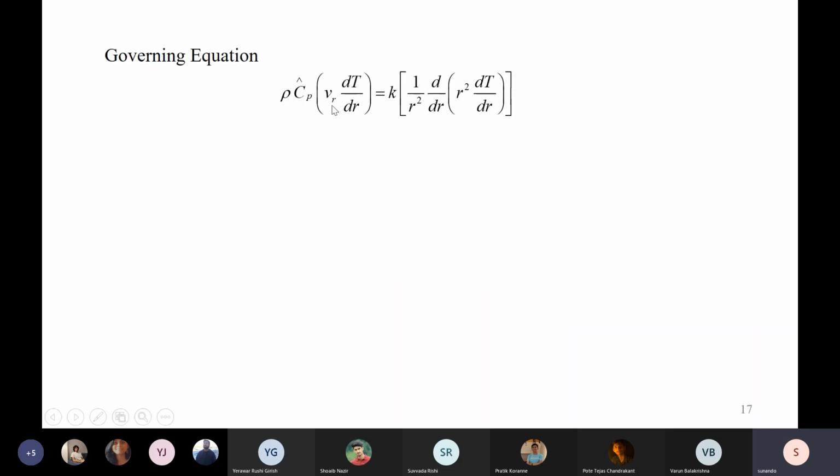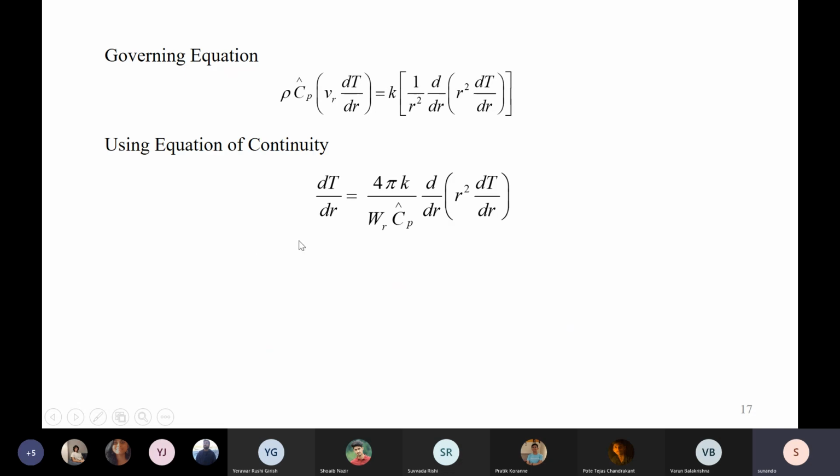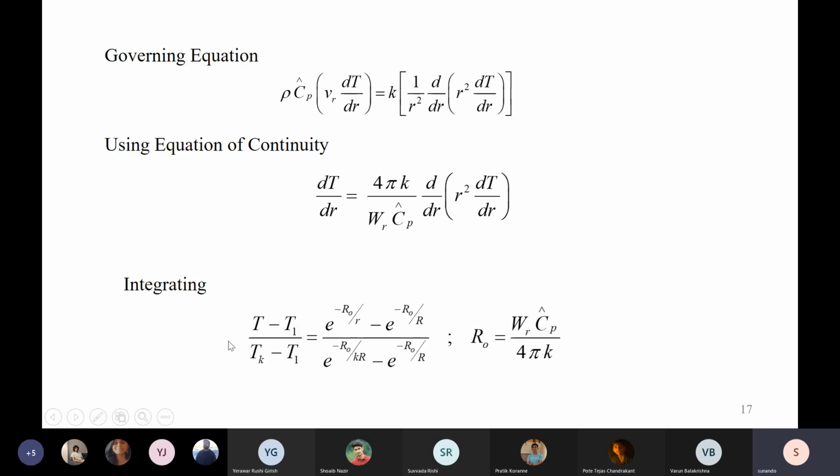So this is my governing equation, and we could use the equation of continuity to substitute what is Vr. When you do that, your energy equation becomes like this. This equation is an ordinary differential equation which can be integrated using the proper boundary conditions, that T equals T1 at R equals whatever.